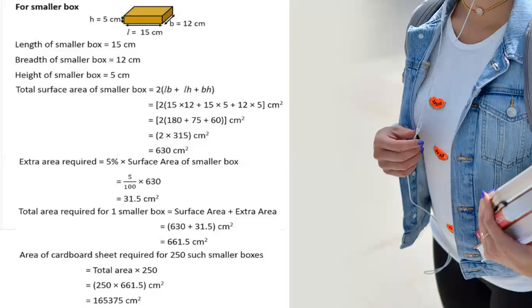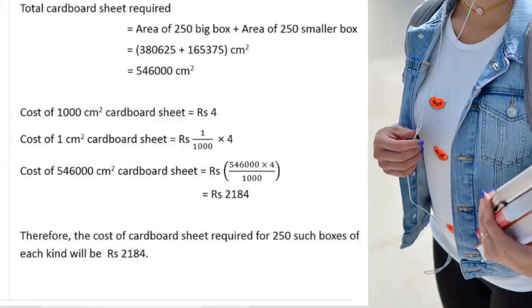165,375 centimeters square. Now the total cardboard sheet required is area of 250 big boxes plus area of 250 smaller boxes, which is 380625 plus 165,375, which is 546,000 centimeters square. And we know that the cost of 1000 centimeter square cardboard sheet is rupees 4. So 1 centimeter square cardboard sheet is 1 by 1000 into 4.